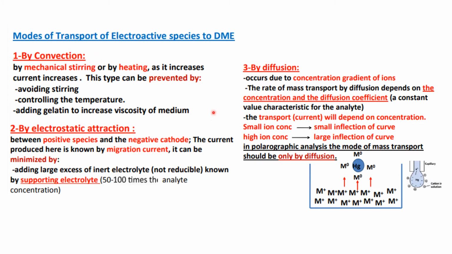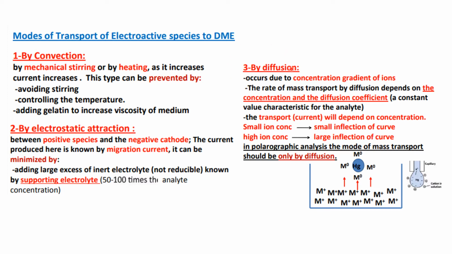These are the modes by which the electroactive species can move towards the dropping mercury electrode. But in polarography, we mainly focus on the diffusion method.